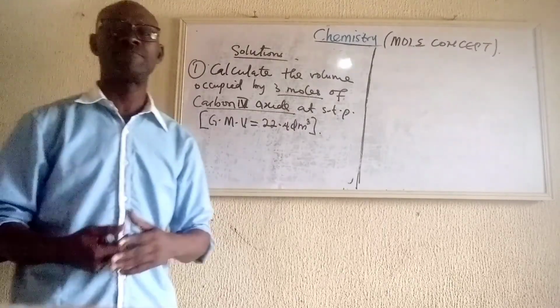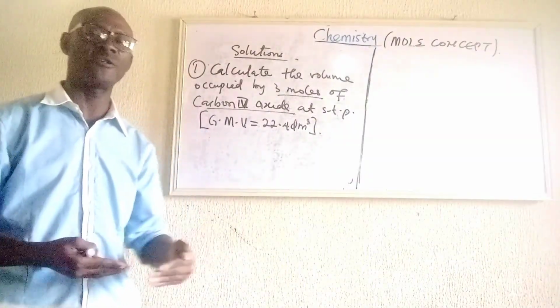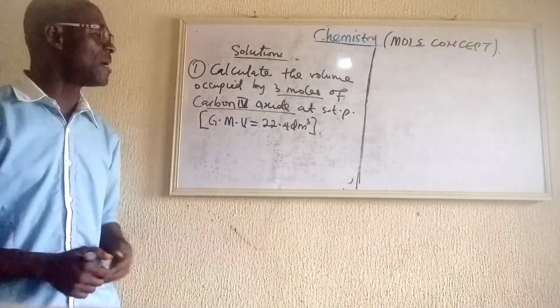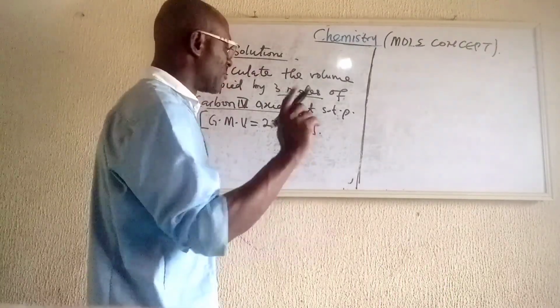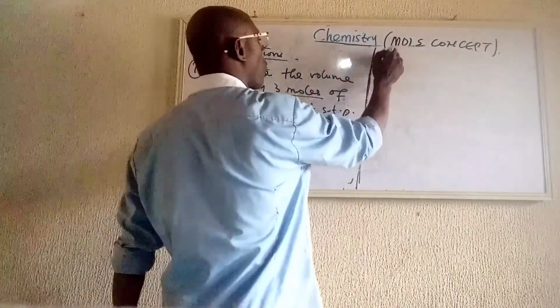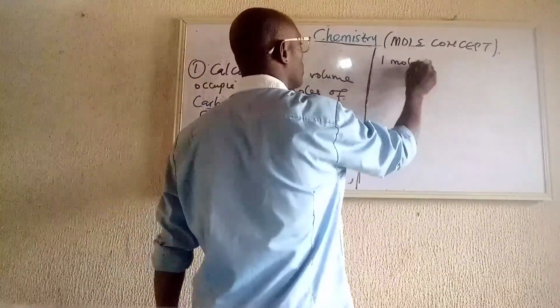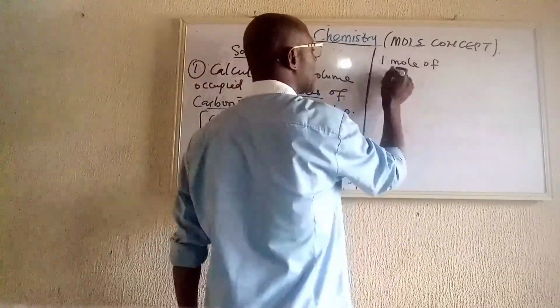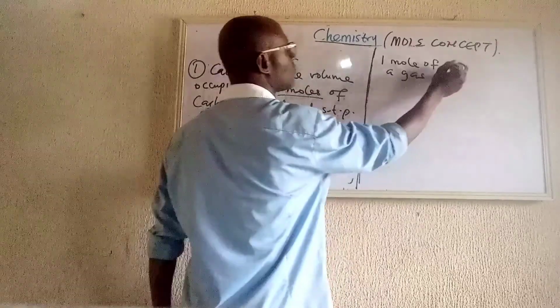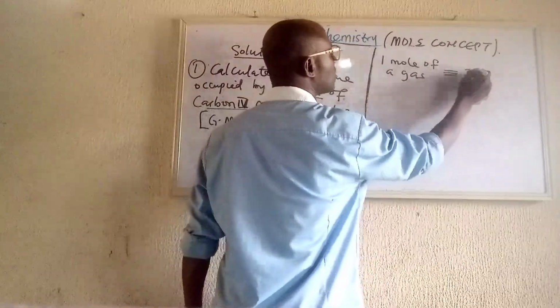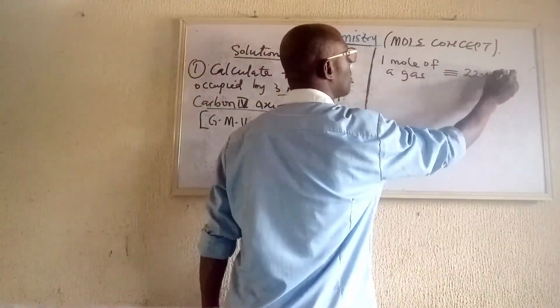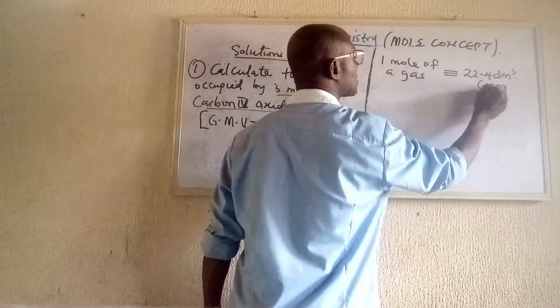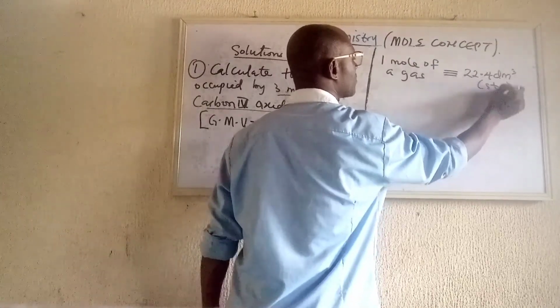According to my previous explanation at the beginning of this class, I said, and I repeat, that 1 mole of a gas is equivalent to 22.4 dm³ at STP.